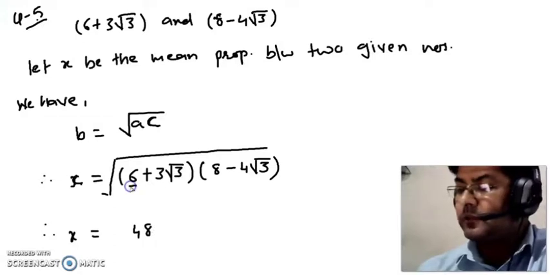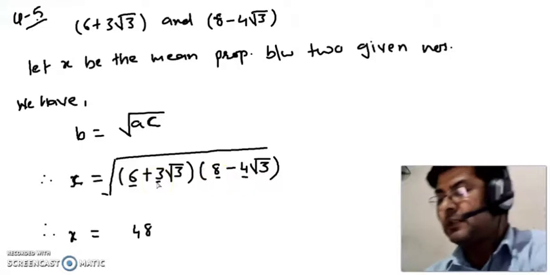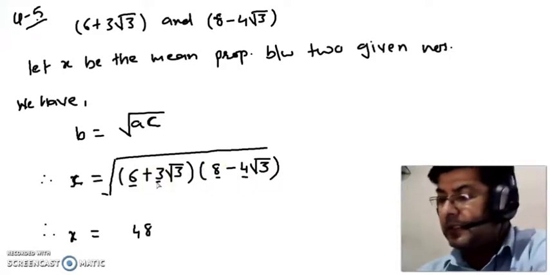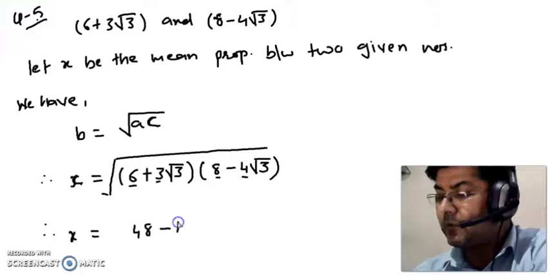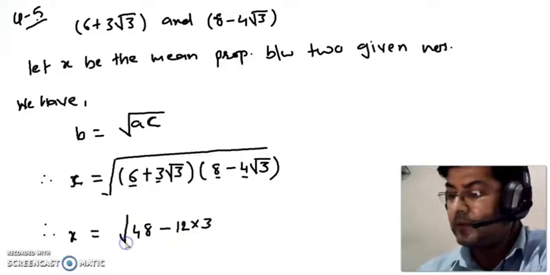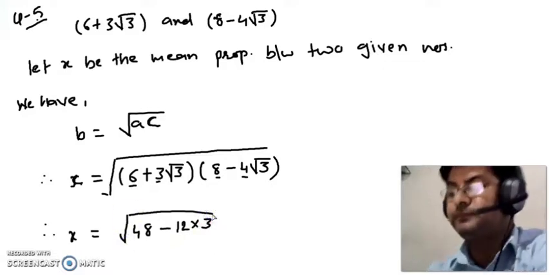What is left now? Minus 4 threes are 12, and root 3 into root 3 is 3.